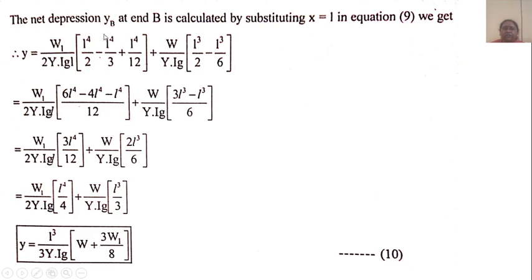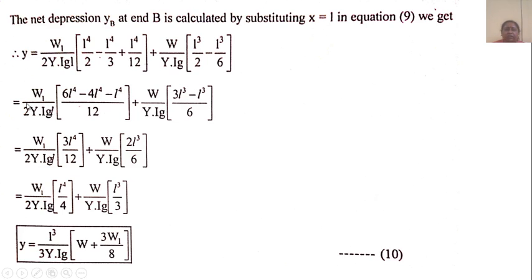The net depression Yb at B is calculated by putting x equal to L in the equation. We get y equal to W1 upon 2 Y into Ig into L into L raised to 4 upon 2 minus L raised to 4 upon 3 plus L raised to 4 upon 12, plus W upon Y into Ig into L cube upon 2 minus L cube upon 6.